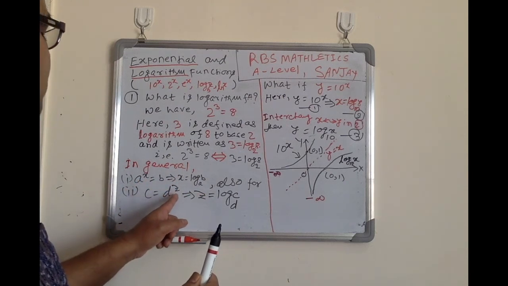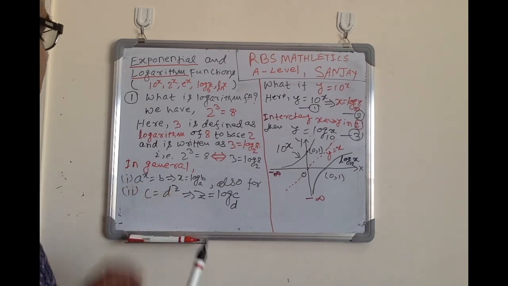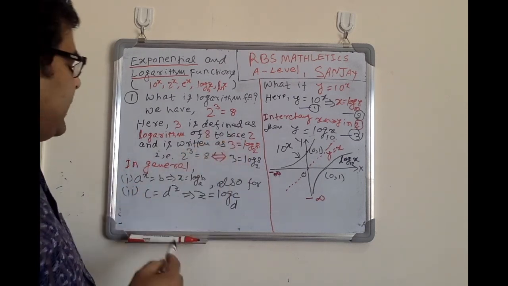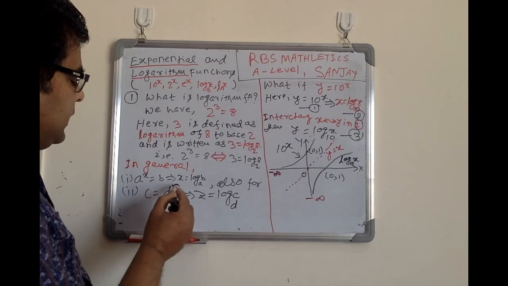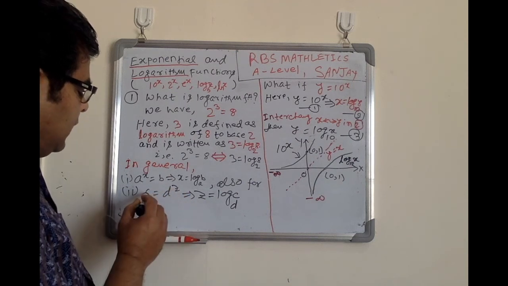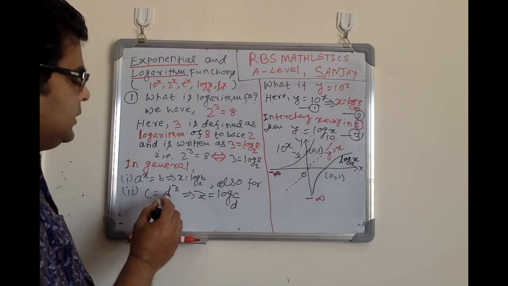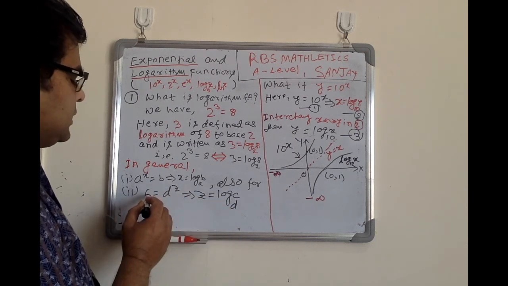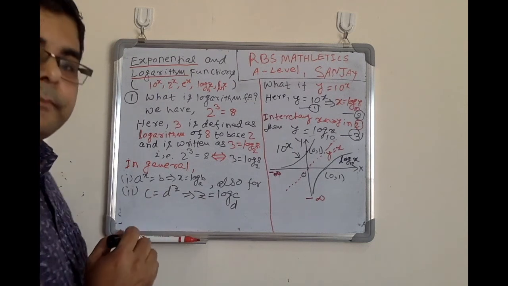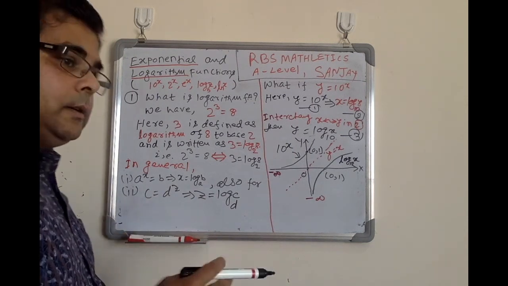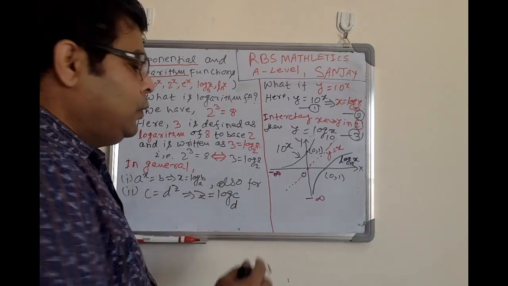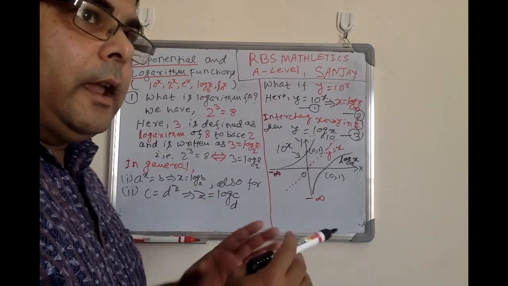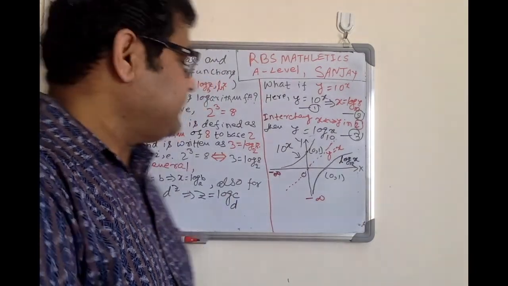Now here I will use right to left. The same thing will apply. So we can say here that z is log of c to base d.